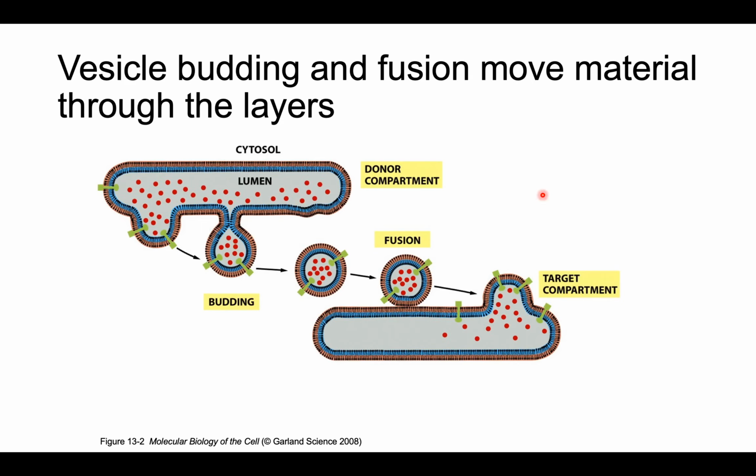So here's just our cartoon conception of how we're making vesicles and how they're moving through. Some kind of donor compartment, if that's the ER or the Golgi or our endosome, we have some kind of lumen with our soluble proteins here, or our membrane proteins here. It'll go through this budding process.